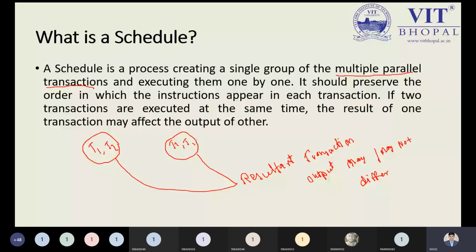It should preserve the order in which the instructions appear, of course. This can be done with a very simple example, so I will tell you more detail through the schedule. And here the thing is known as the scheduler. Before moving to the next slide, let me clear it once again.